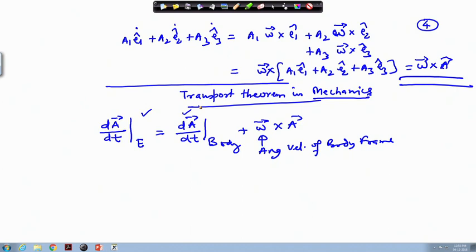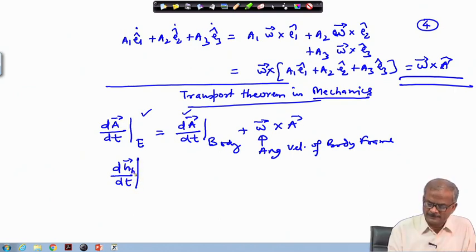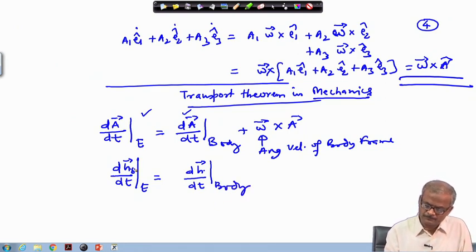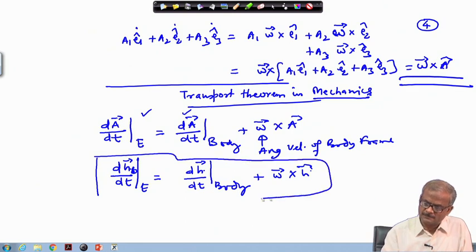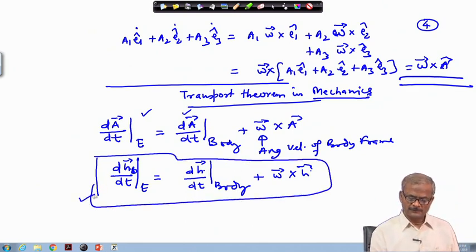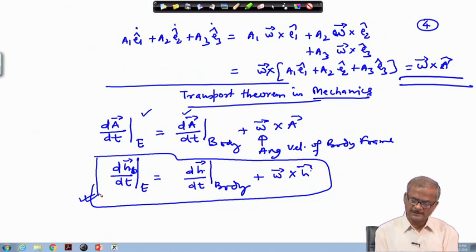In almost all the places you will need it, and therefore, say if I replace this by h, where h is a vector which we are writing about the point O of the body frame, as already discussed, then with respect to E this will be written as dh by dt with respect to the body frame plus omega cross h. We will utilize this equation again and again.